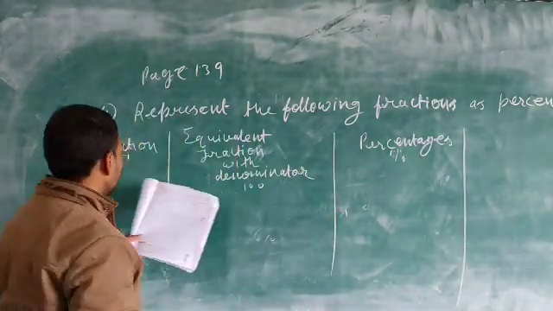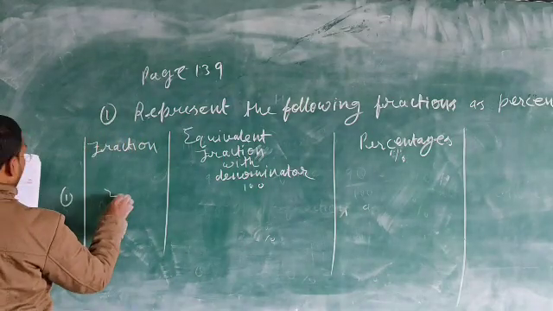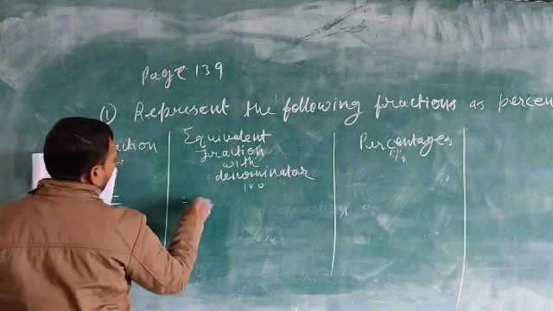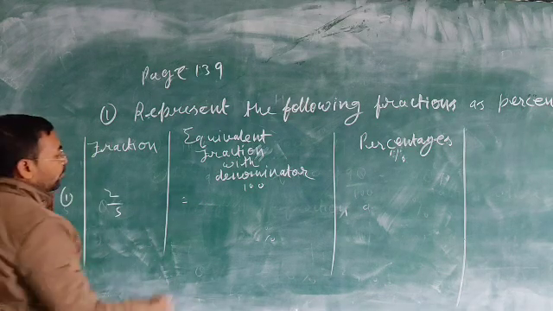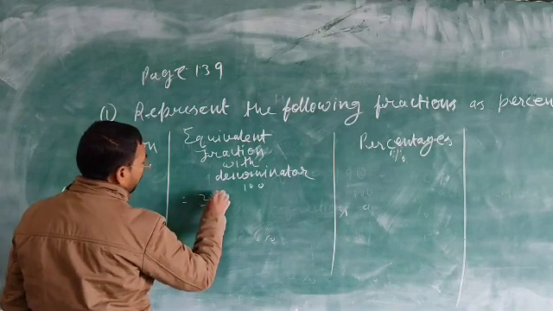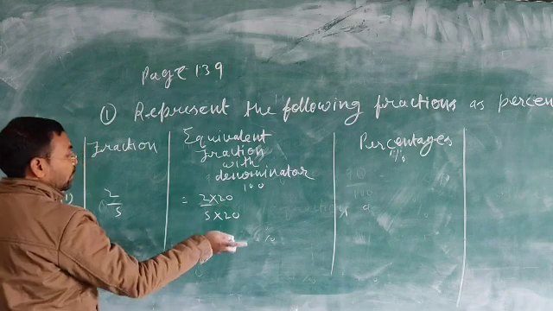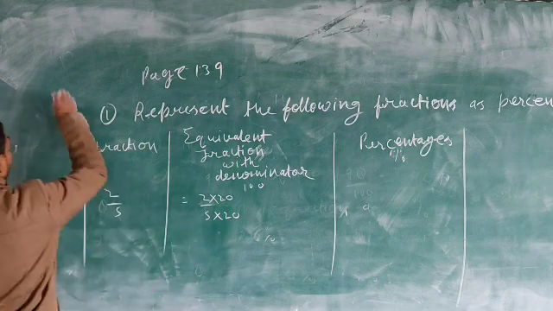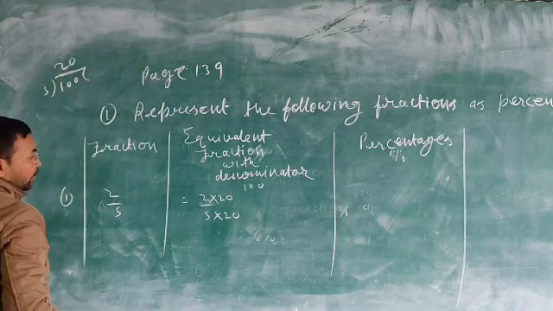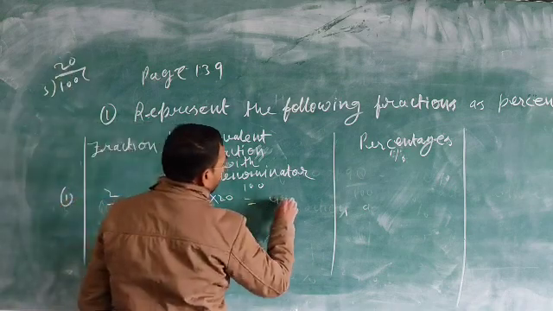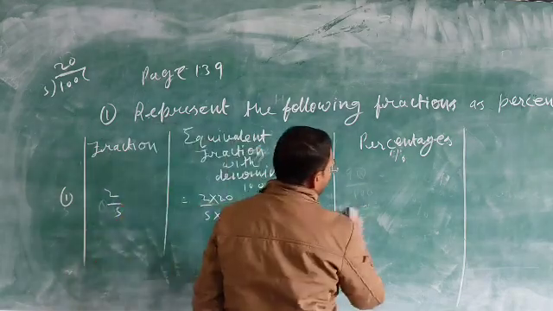In the first question, we are given 2 by 5. You know how to write an equivalent fraction of 2 by 5 with denominator 100. We have to multiply by 20. If you don't know which number should be multiplied to get 100, we will divide 100 by 5, and we will get 20. So this becomes 40 by 100. So you know this is 40%.